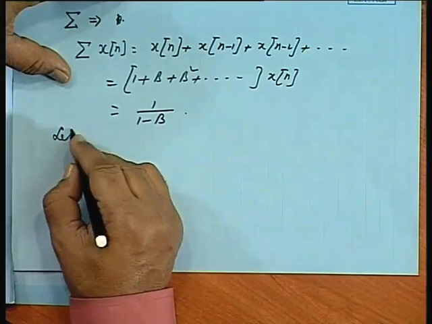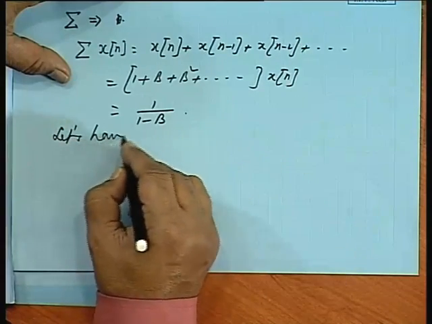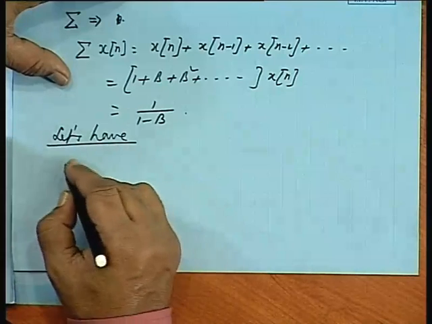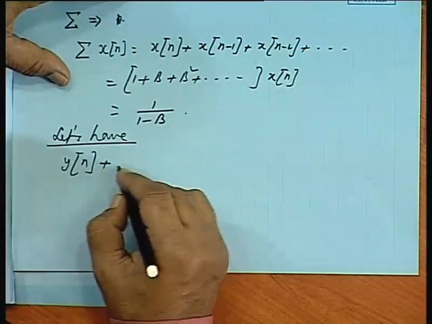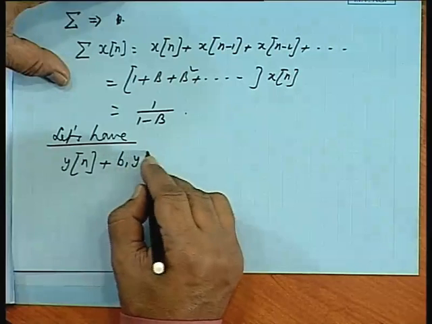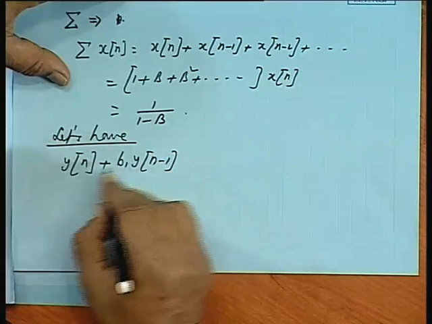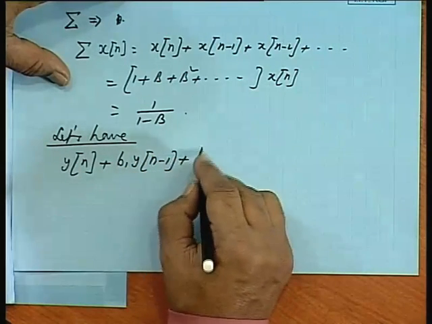Now, let us see how these elements can be used to represent a difference equation, a general equation. Suppose we have a difference equation in this form. We will discuss later on how such equations can be obtained.